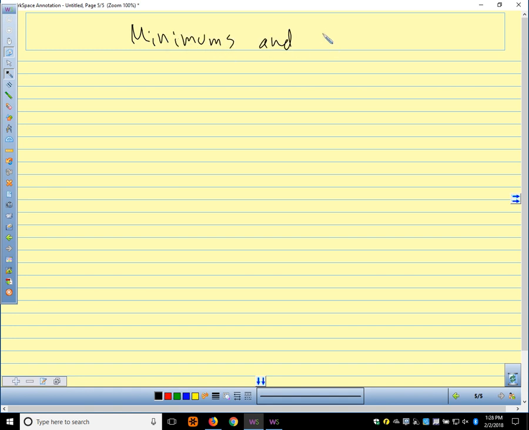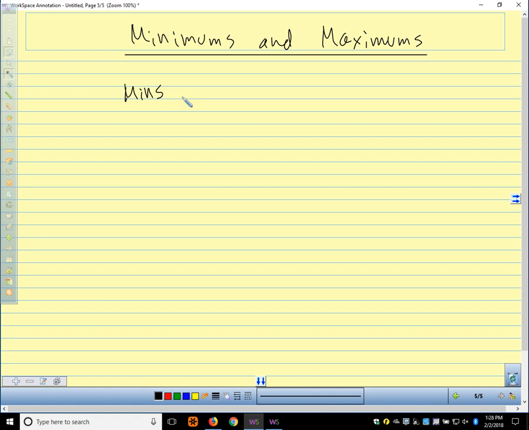Minimums and maximums. Where do we find the minimum or the maximum of a parabola? At the vertex. Mins and maxes, at the vertex.